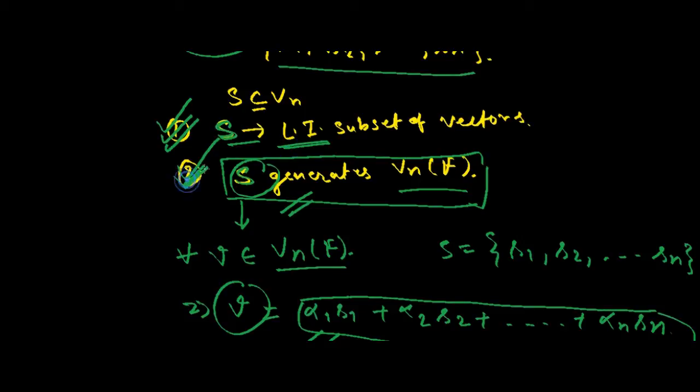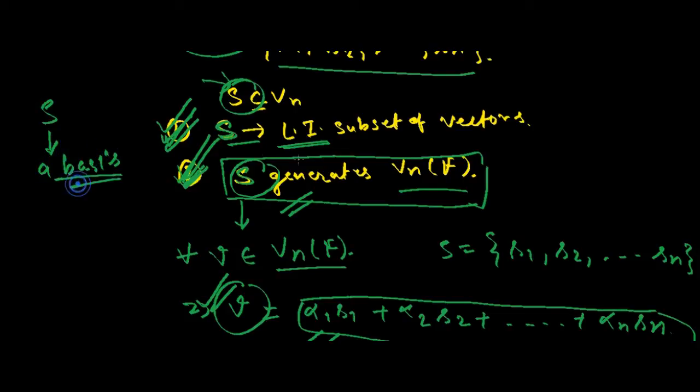The second condition says that each and every vector of our vector space should be defined as a linear combination of the elements of subset S. And if these two conditions are satisfied, then we can say that S is a basis, okay?